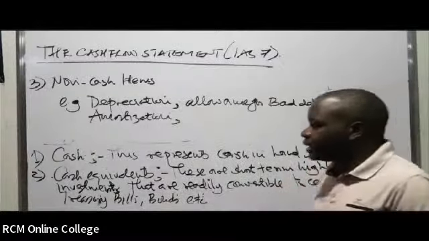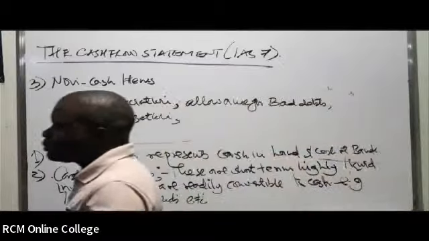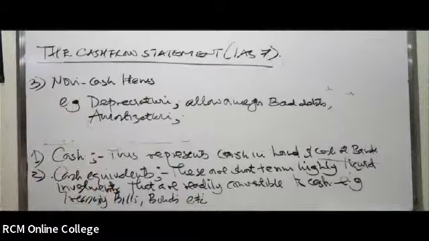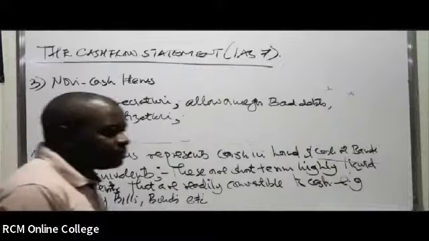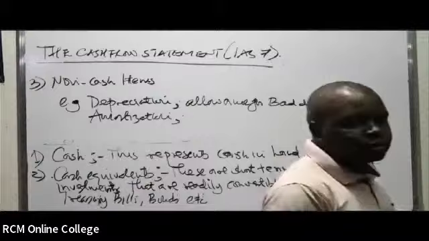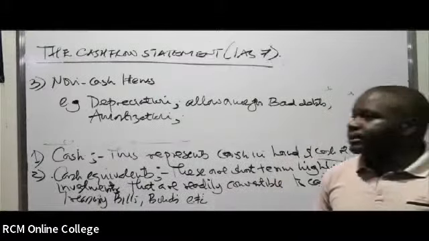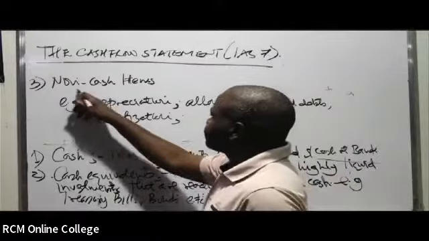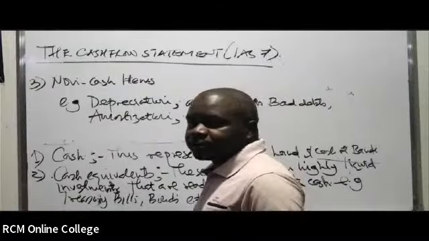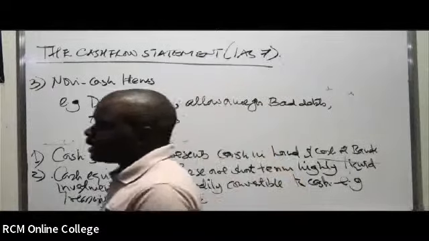So you'll be able to see. There's a way we are supposed to add them back, because we would have already deducted them in the income statement as if money went out. But again, no money went out. When you talk about depreciation of an asset, it doesn't involve real cash going out. But you account for it under the income statement.